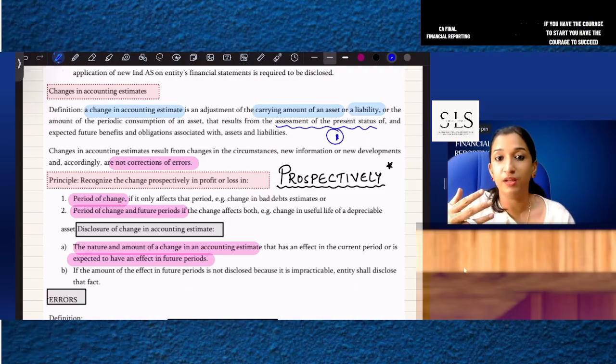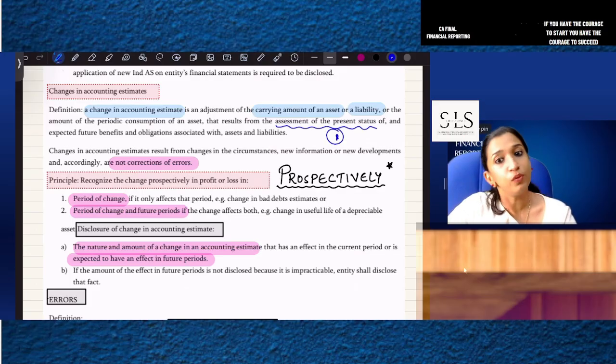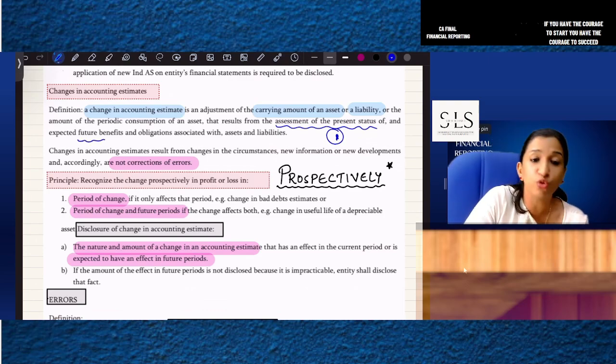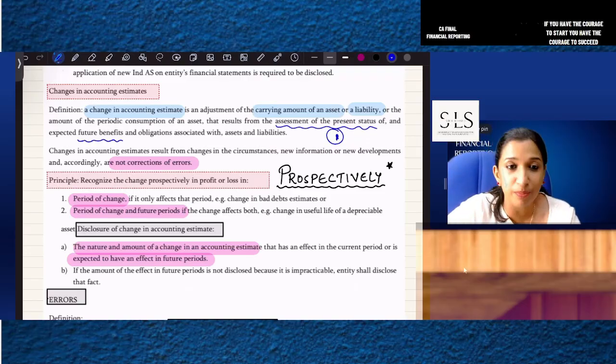Say for example, a competitor has sued against you, so you created a provision. But based on the present status of the case, you will change the amount of provision. Yes or no? So, as an assessment of present status, or the depreciation method will change based on the expected future benefits. Useful life will change based on the expected future benefits and obligations associated with the assets and liabilities.